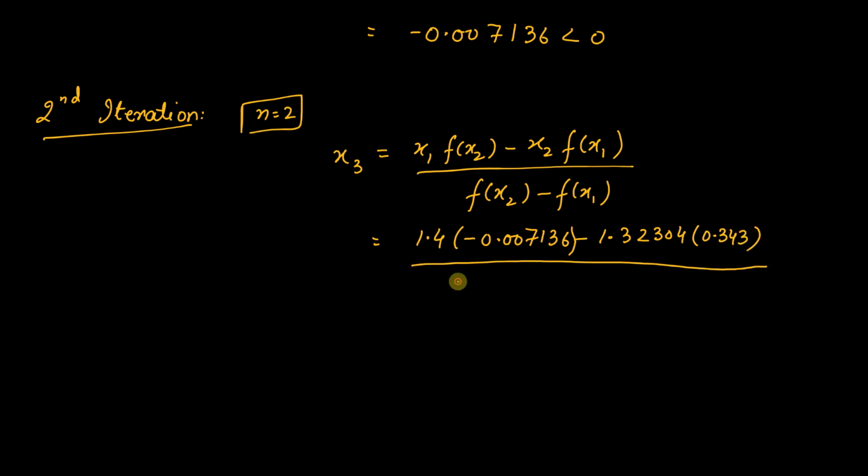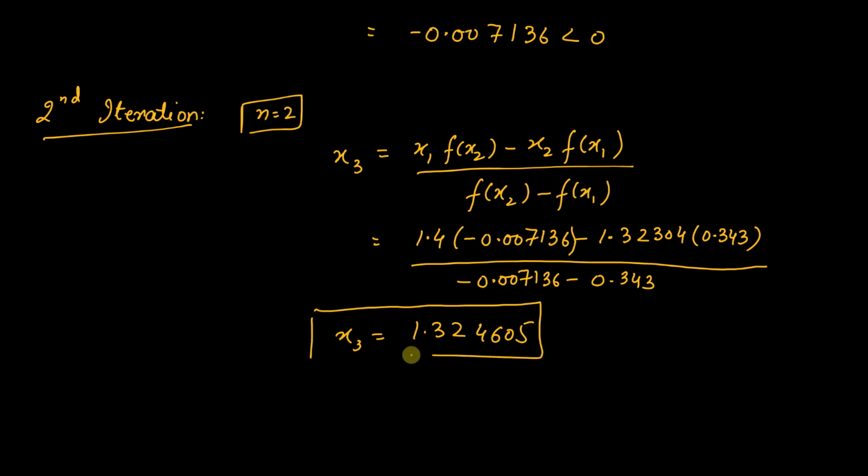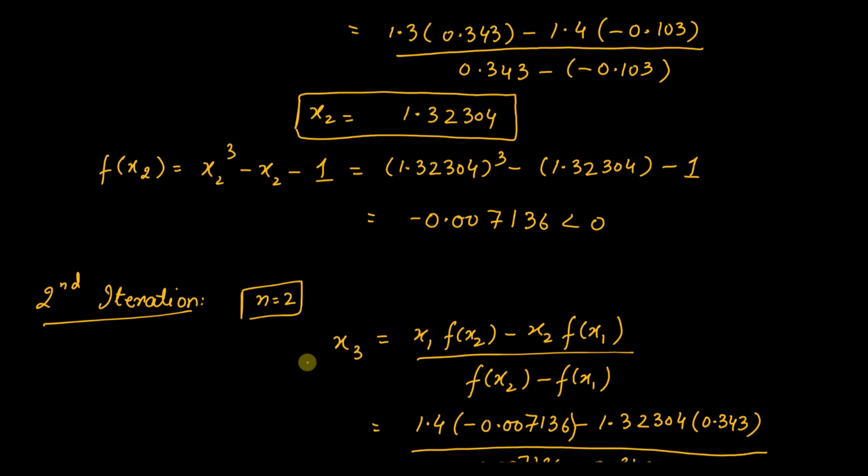In the denominator part, we have negative 0.007136 minus 0.343. After simplification, we will get negative 0.000481. No, sorry. It should be 1.324605. Okay, let's see till which decimal place we will get the accuracy.